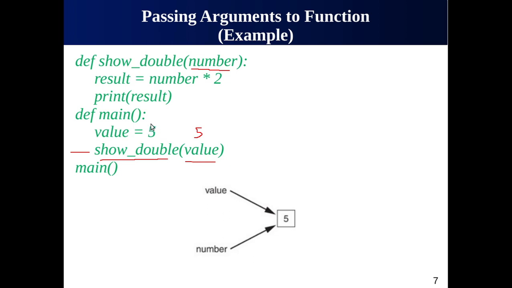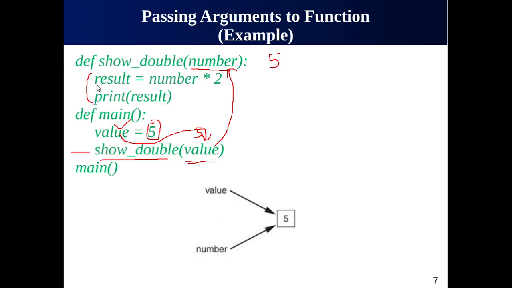But here I am assigning the constant to a variable, and the name of the variable is value. And then instead of passing the constant, I am passing the variable to the function. Here in this case, the argument is value. Once you call this function, the value will be assigned to this parameter, which is number, and the value is 5.